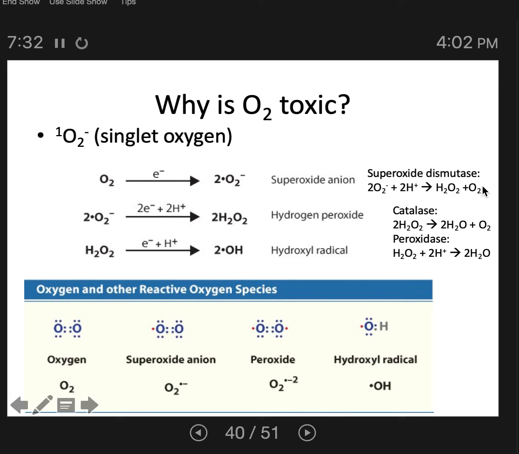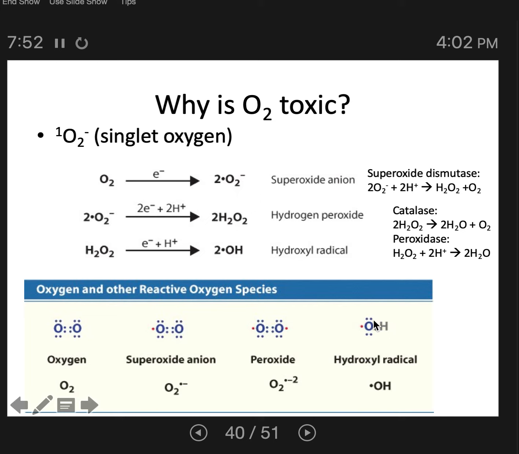Atmospheric oxygen is harmless on its own. Catalase and peroxidase can take that hydrogen peroxide and convert it into water or water and oxygen. Those are harmless molecules for the cell. So basically, these free radicals and reactive oxygen species have been neutralized.